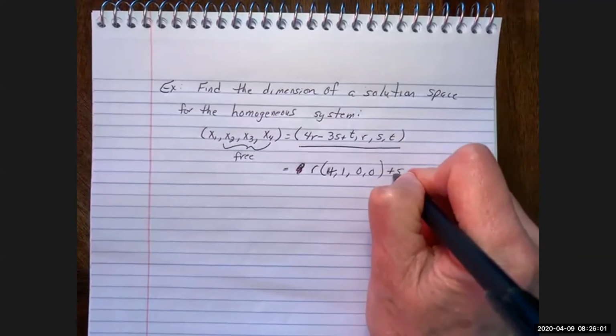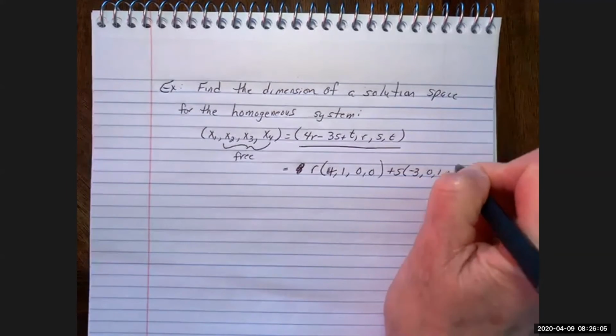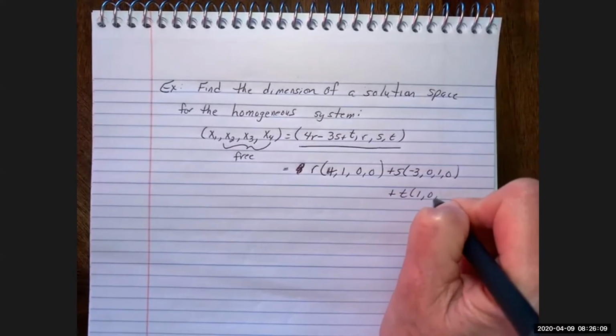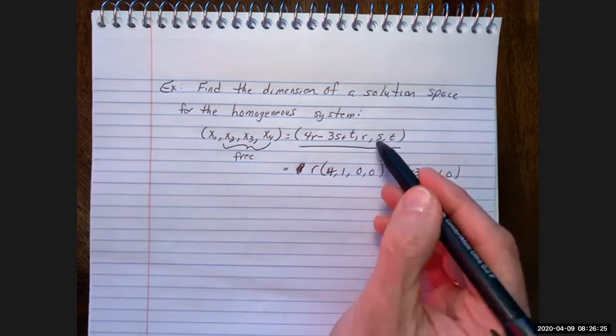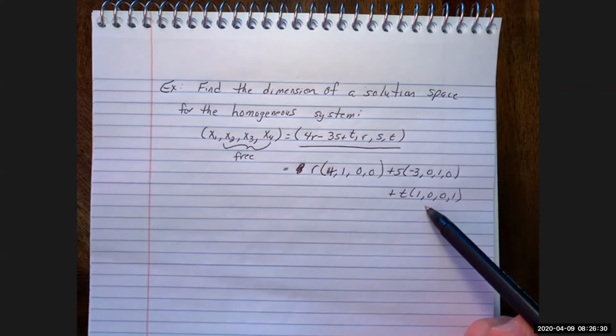I'm going to take S times -3, 0, 1, 0. And I'm going to take T times 1, 0, 0, 1. And that gives you the same thing as what's underlined there. So now I have this solution written as a linear combination of 3 vectors.